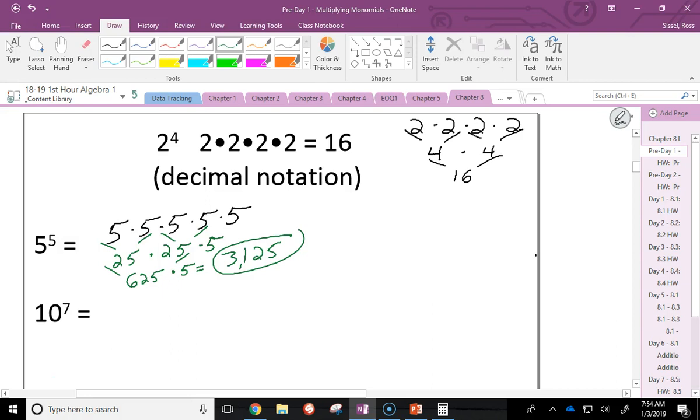Did we get 3,125? Yes. No? Okay, so hopefully when we did this, the way I broke mine up was I did the first two fives, which gave me 25. The other two fives gave me 25.